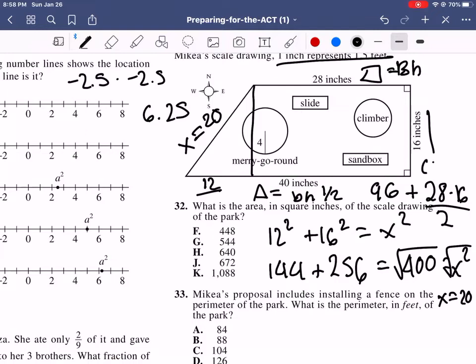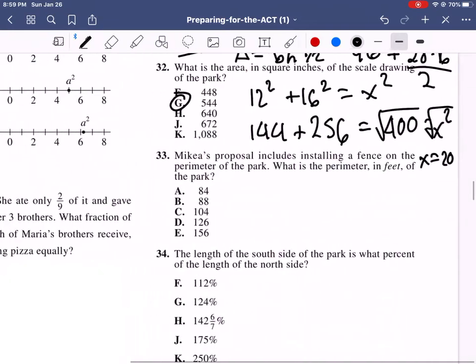So 448 plus 96 is 544. There it is. It's G. It took way longer than it should.